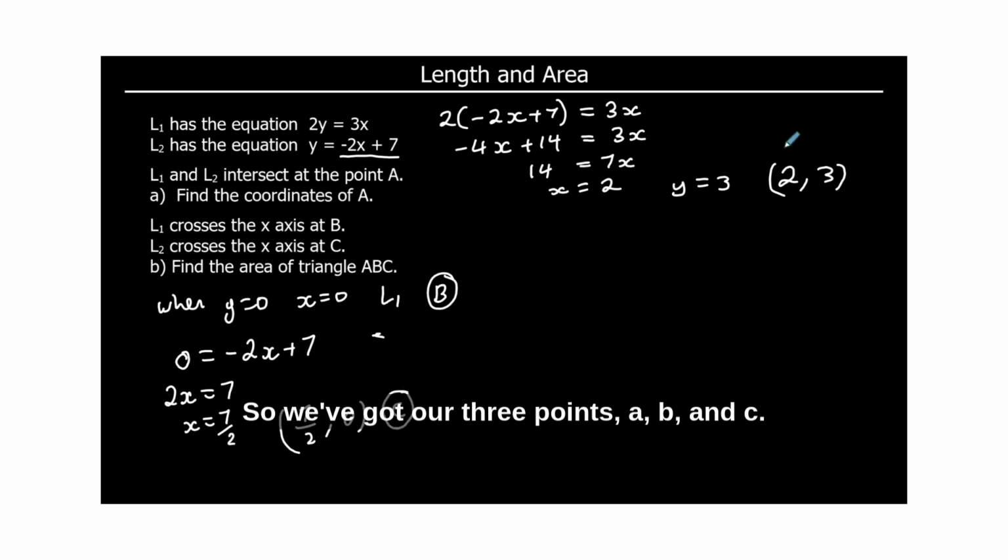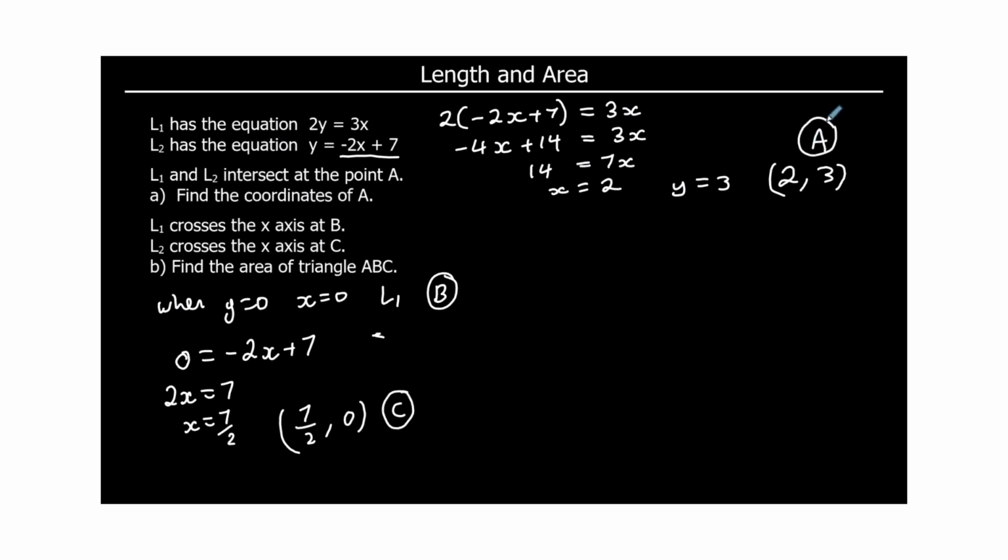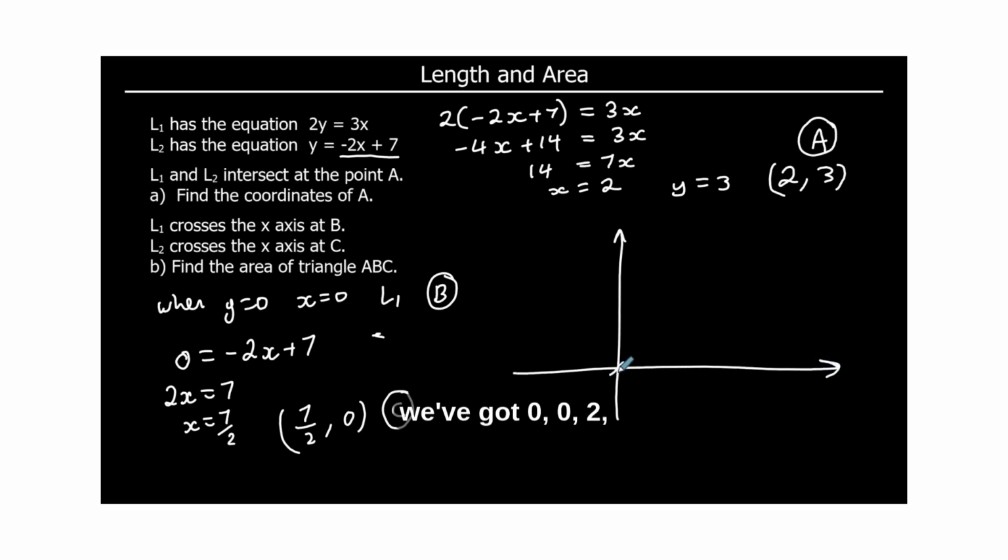So we've got our 3 points, A, B, and C. So on a graph, we've got 0, 0, 2, 3, and 7 over 2, 0. This is our triangle ABC, we need the area. So it's got a base of 7 over 2.